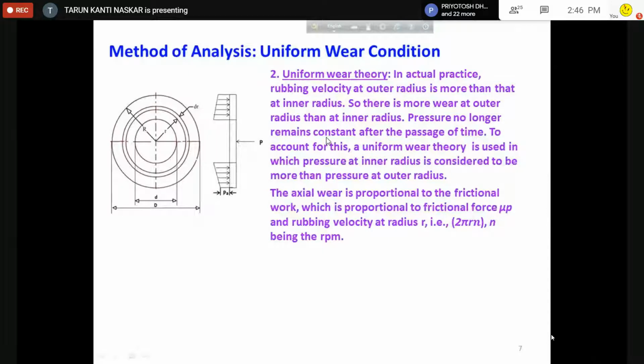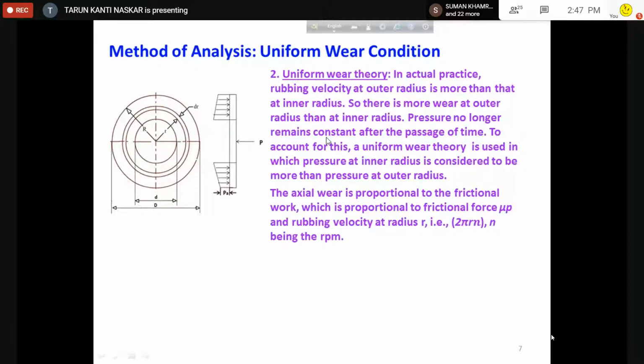Now, rubbing velocity will be maximum at the extremities. So, with the increase of radius, the rubbing velocity will increase. So, with the increase of rubbing velocity, obviously wear will be higher. So, there is more wear at outer radius than at inner radius.